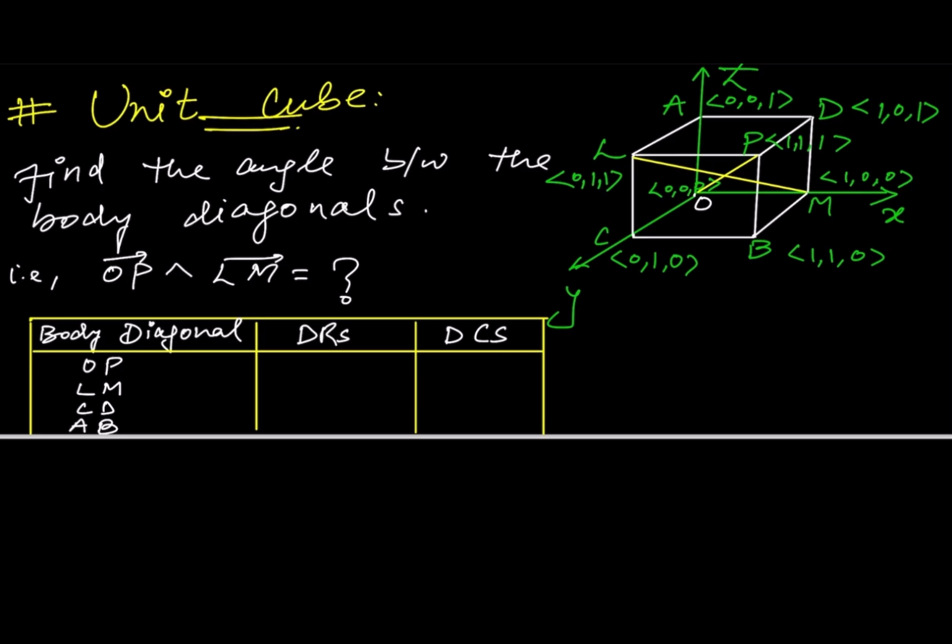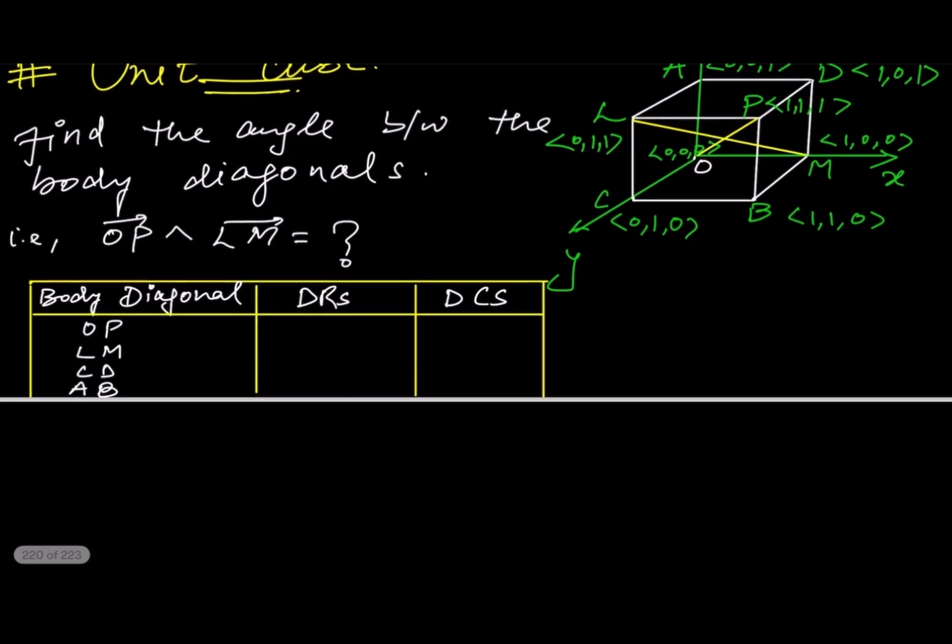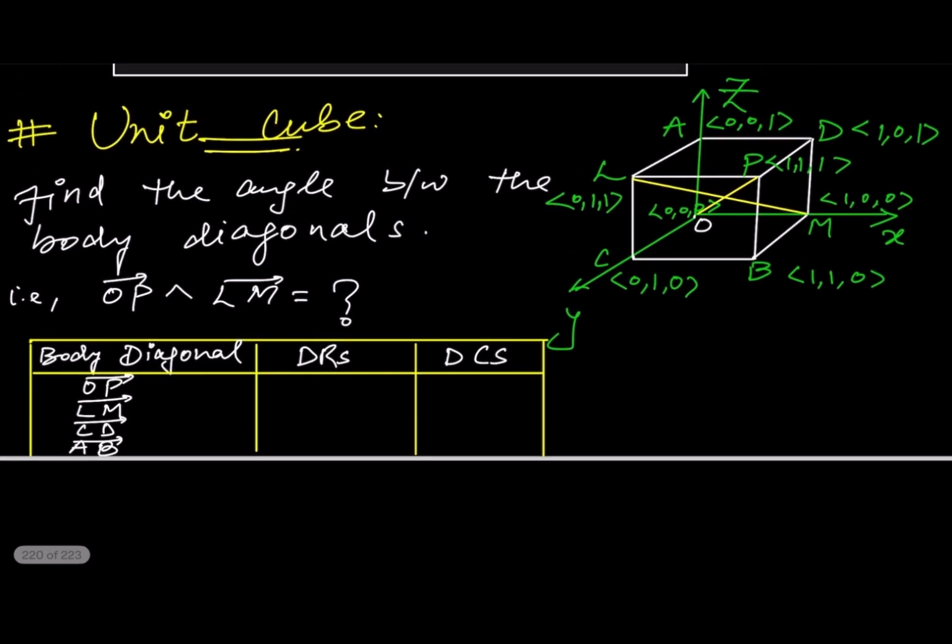Direction ratios of the OP vector. Direction ratios of any vector can be found by taking the difference of the position vectors of the corresponding endpoints, P and O. So 1 minus 0, that is 1, 1, 1.